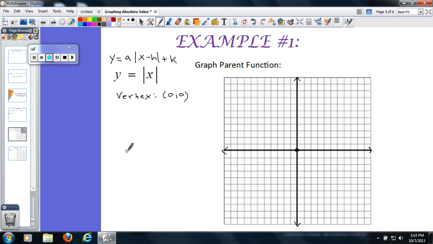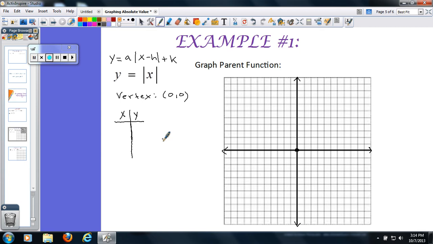Now, again, these are kind of like parabolas in a way. As a matter of fact, the quadratic form for graphing is very, very similar to the absolute value form that we're going to be looking at right now. So one of the easiest ways to do this is just by doing a t-chart.